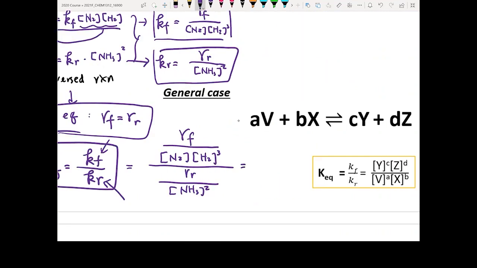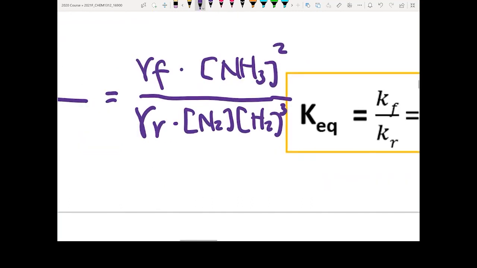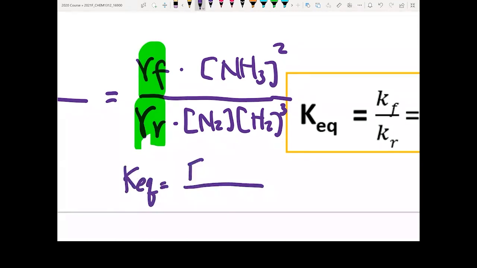This gives you reverse rate times [N2][H2] cubed on the bottom, and on the top forward rate times [NH3] squared. Once you reach equilibrium, your Rf and Rr are the same, so they cancel out. Your Keq is simply [NH3] squared over [N2] first power [H2] third power.